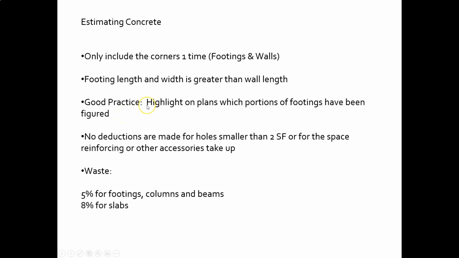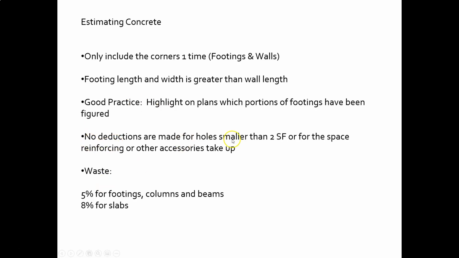If you have hard copies, that's how a lot of contractors will do it, with highlighters. More often these days, especially for big jobs, you would have a PDF inside of software that would help with the scaling and everything, and we'll look at that later. But anyway, you want to have some way of tracking which walls have already been accounted for, obviously.